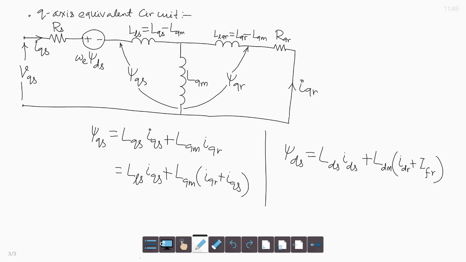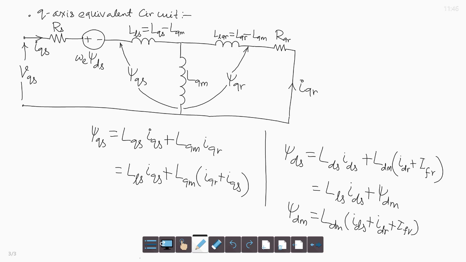IDR is the D axis damper winding current, and we have LLS IDS plus psi DM, and this psi DM is the mutual flux along the D axis, that is mutual inductance LDM into the stator current IDS plus the rotor damper current IDR plus the field current IFR.